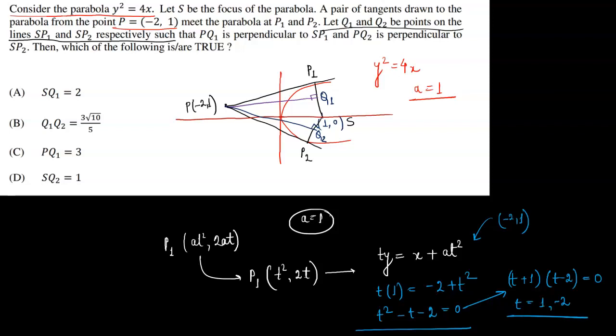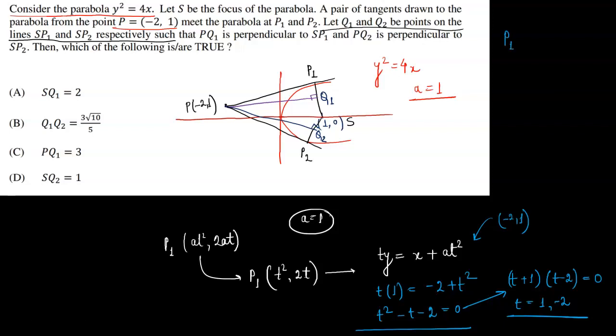So here there are two values of t, and we can see that at square is always positive. If we put minus 1 or 2 in the place of t, it is not going to change its sign. So x will be positive here, and y will be changing as per the sign of t.